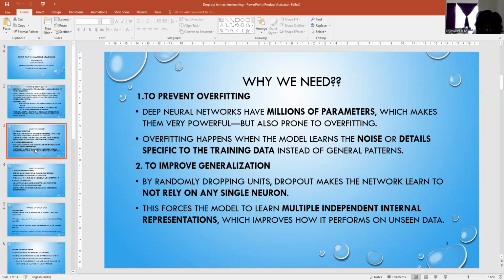There are also some disadvantages, but they do not have a greater impact compared to the performance provided by dropout. One is slower training. Dropout can slow down the training process because at each iteration a part of the network is effectively disabled, which means the network might need more iterations to converge.